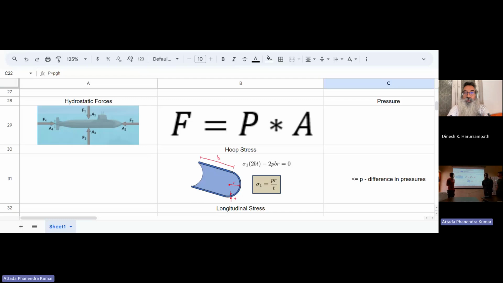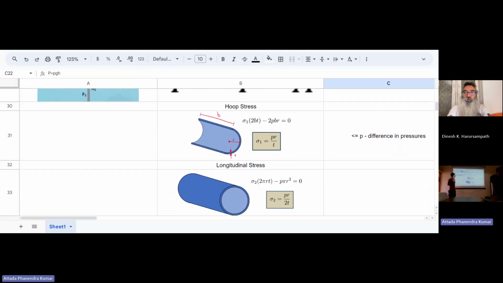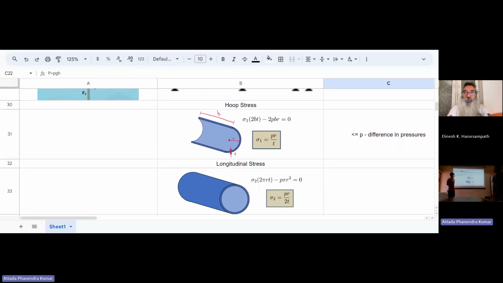And some other equations relate the pressure. We have the hoop stress and longitudinal stress, which are true for thin-walled structures, like monocoque structures. So we have the difference in pressures times the radius divided by thickness, and we can get the stress on that. And with that, we also can find the hydrostatic force.